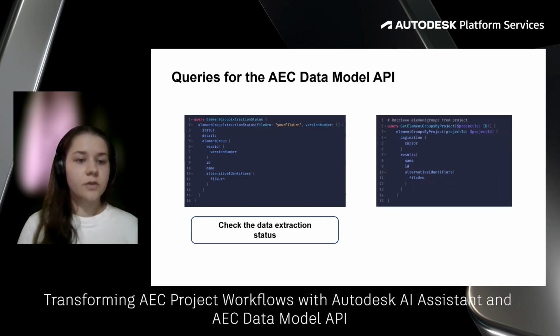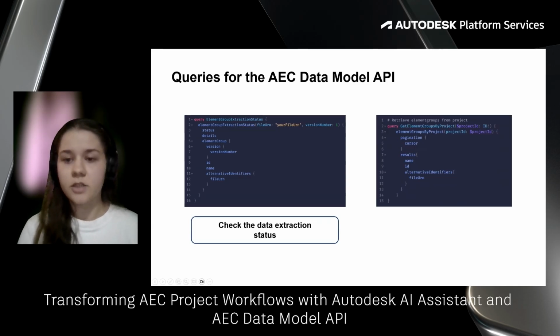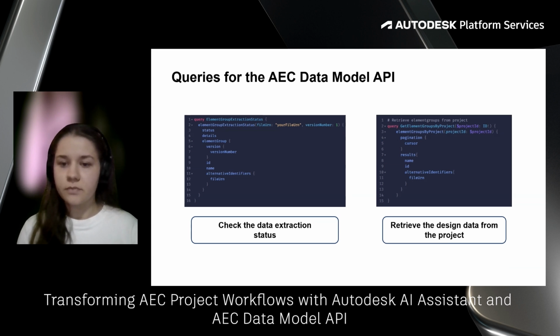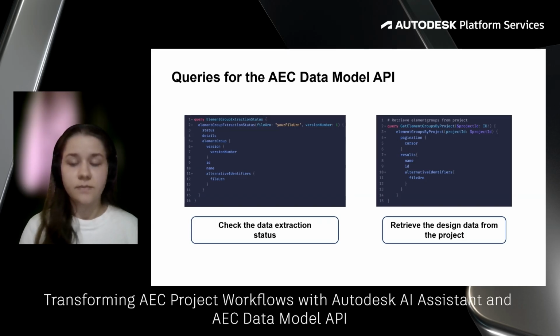And the other type of query is the element groups by project. And this was useful when extracting the design information, which I've just mentioned earlier, because I also needed specifically the ID of the model itself, but you can also find other information in there.